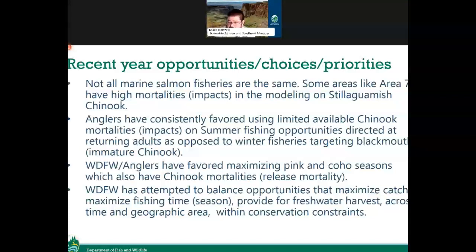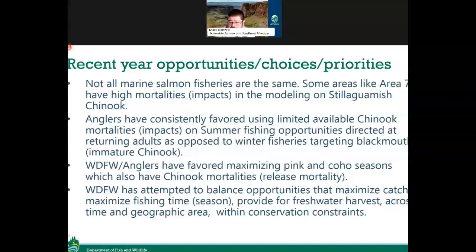I think we talked about this also that, in pink and coho seasons, there are non-retention release mortalities associated with those opportunities as well. The department has increased those monitoring efforts in those time periods and seasons to make sure that we're being fully accountable in our fisheries for those non-target mortalities.